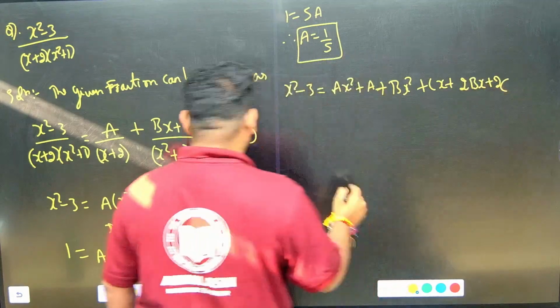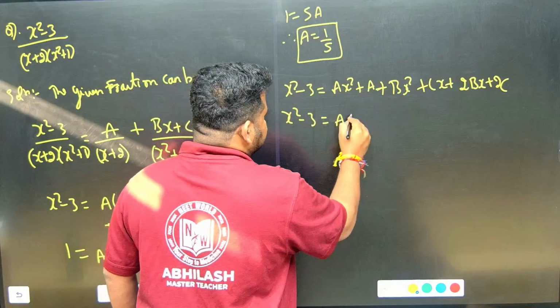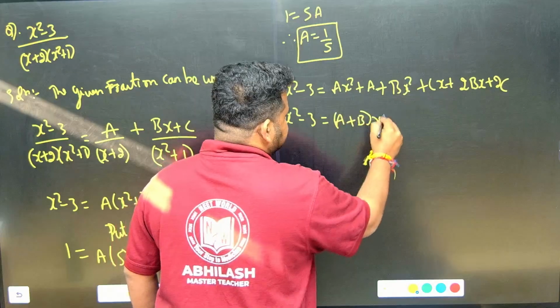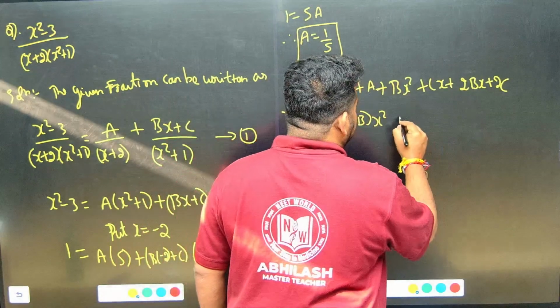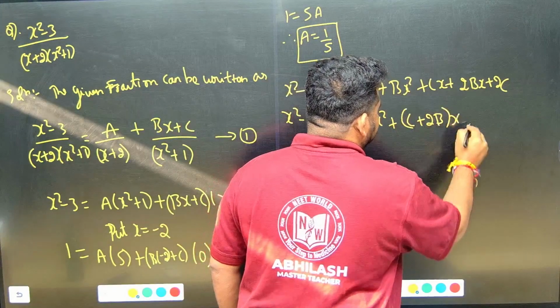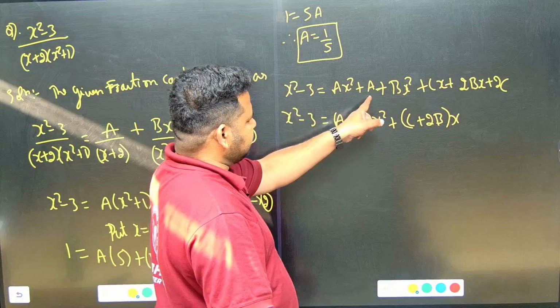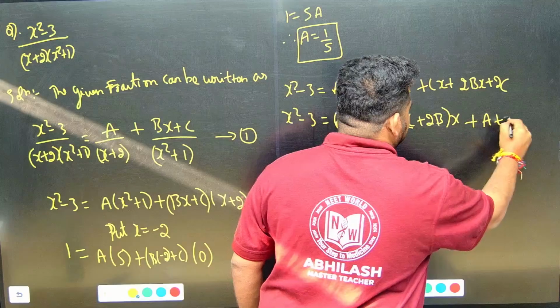So x² − 3 equals (A + B)x² plus (C + 2B)x plus (A + 2C) for the constants.